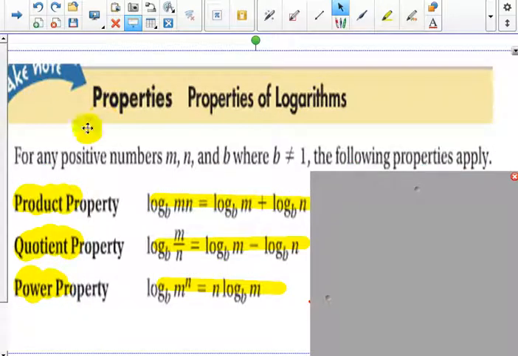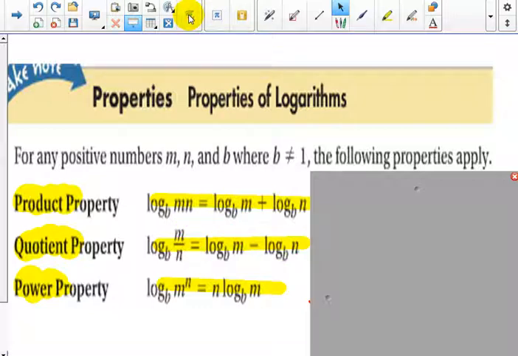All right. Next, you've got the quotient property. Log b of m divided by n, we can say that that's equal to log b of m minus the log b of n. Okay.